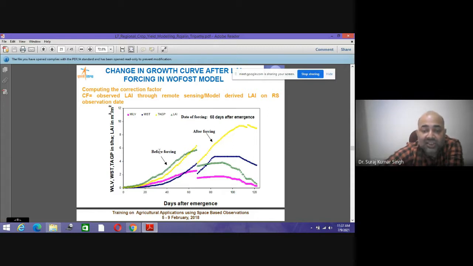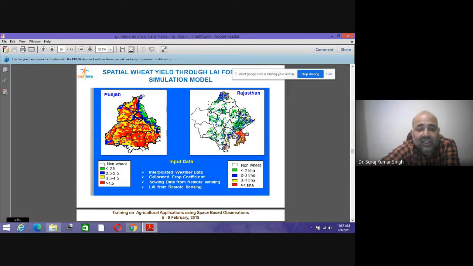So you can see that before, during and after, all the stages of emergence can be easily monitored over the different dates and over the different leaf area index, and we can see what is the condition in that area. And finally, in the form of a map, the maps will be suggesting what kind of tonnage of production we are going to have.